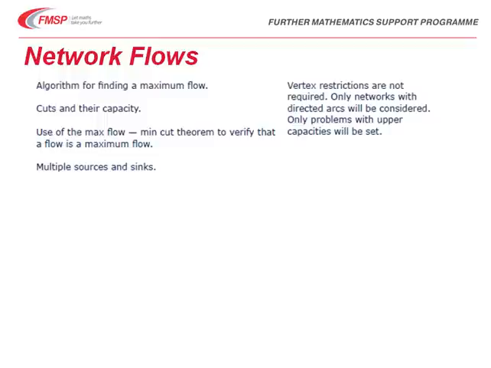Well, the basic idea is then that we have a network of arcs starting at some point S, known as the source, and coming in eventually to a point T, which is the sink. And what we have to do is to maximize the flow.